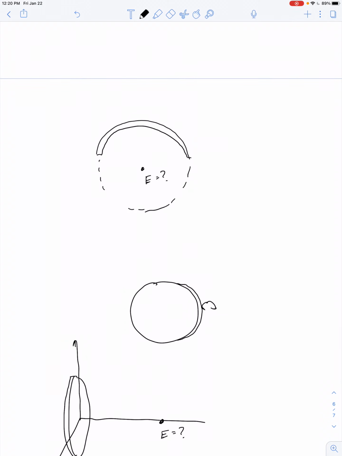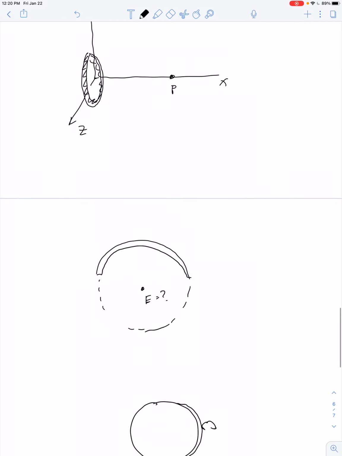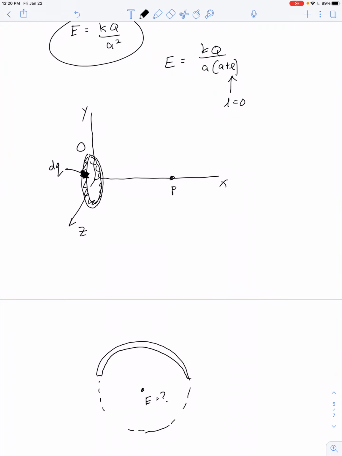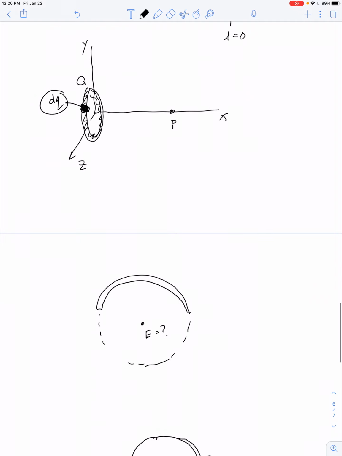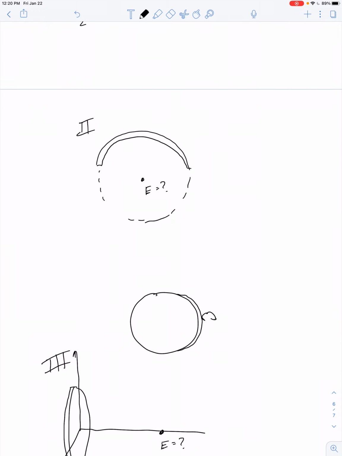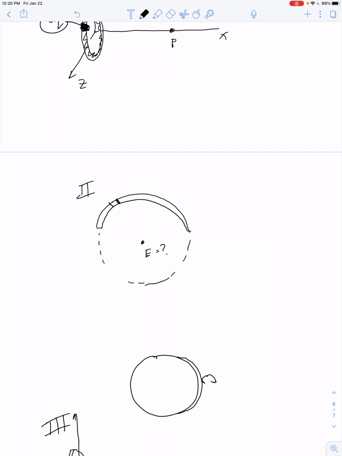In the end, what we're going to want to do in every one of these cases is imagine breaking the shape down into little incremental bits that just contribute some fraction of the overall charge, capital Q. And then that little bit of charge, whether it's in case number 1, or case number 2, or case number 3, for example, in case number 2, if we say the whole arc has a charge capital Q, and we find a little element of that charge dq, we picture what would the electric field contribution at the point P look like for that element of charge.